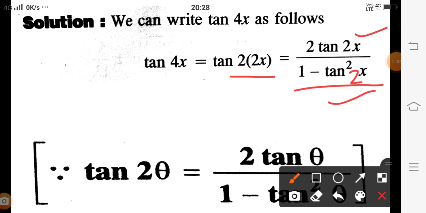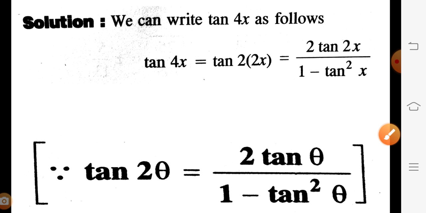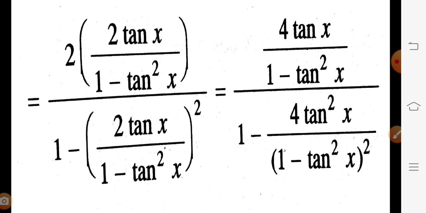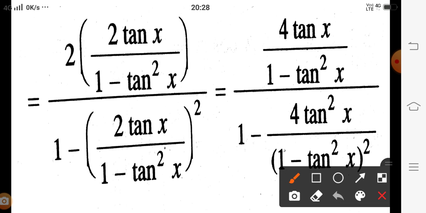And then in place of tan 2x, we substitute the value, because the identity we know is tan 2 theta equals 2 tan theta upon 1 minus tan square theta. In the numerator and denominator again we use the formula, tan 2x is 2 tan x upon 1 minus tan square x, and in the denominator also we put the value of tan 2x.